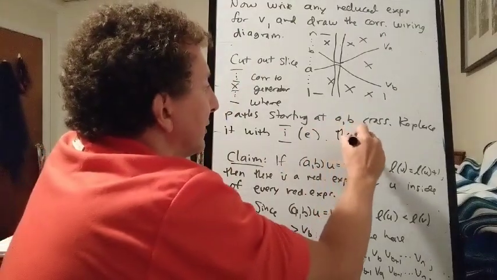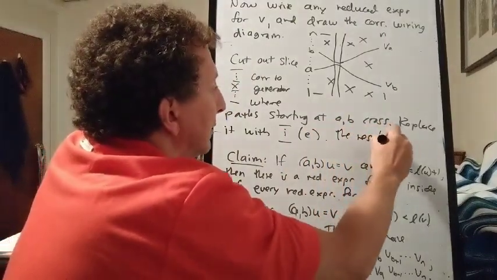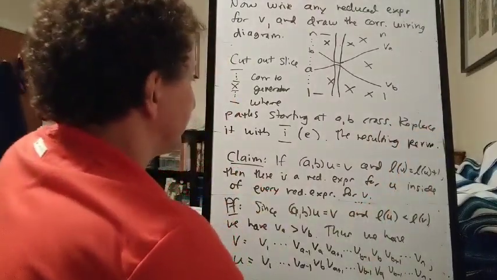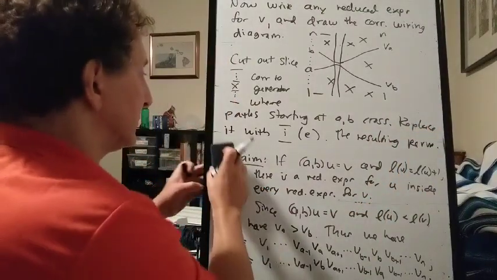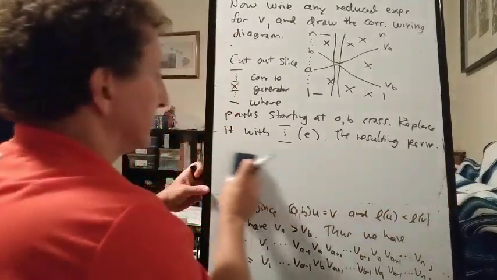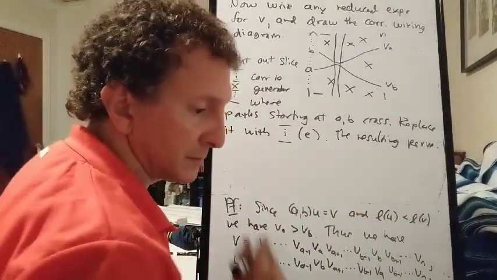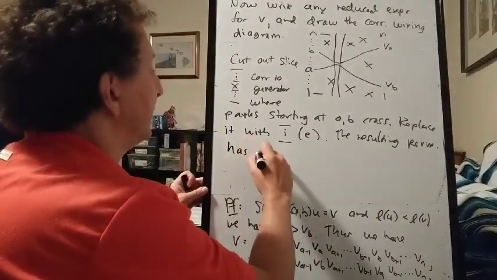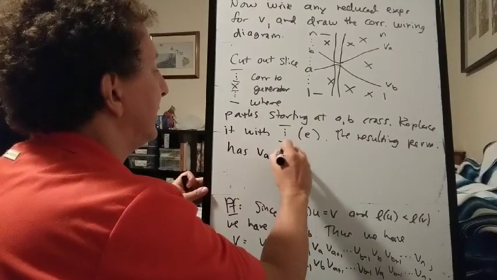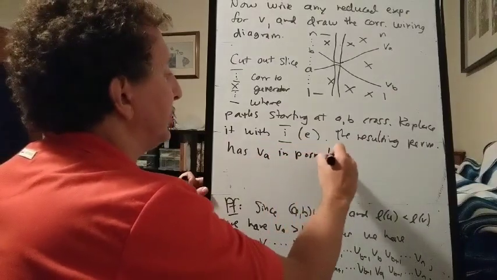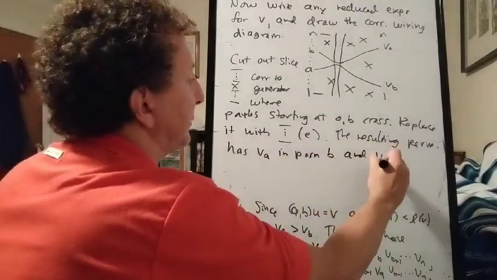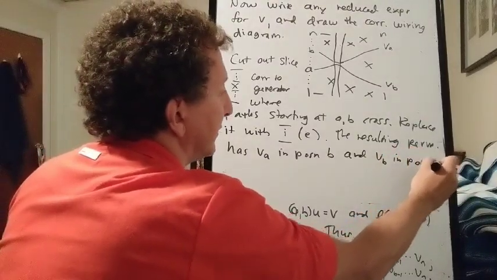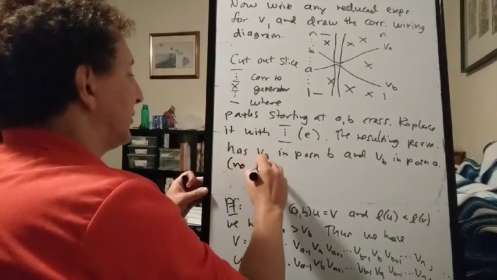So the resulting permutation has VA in position B and VB in position A with no other changes.